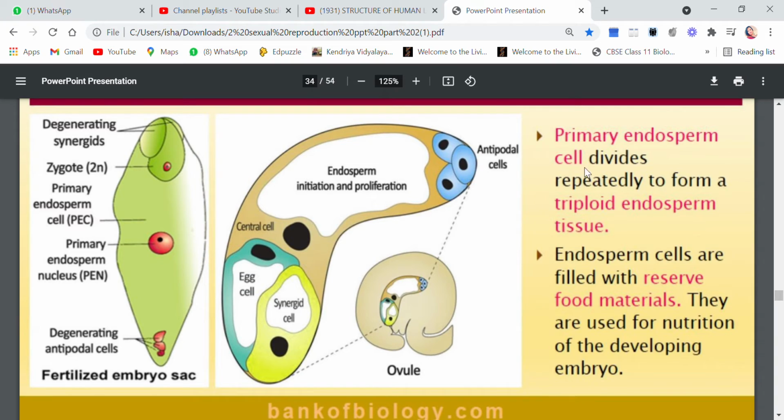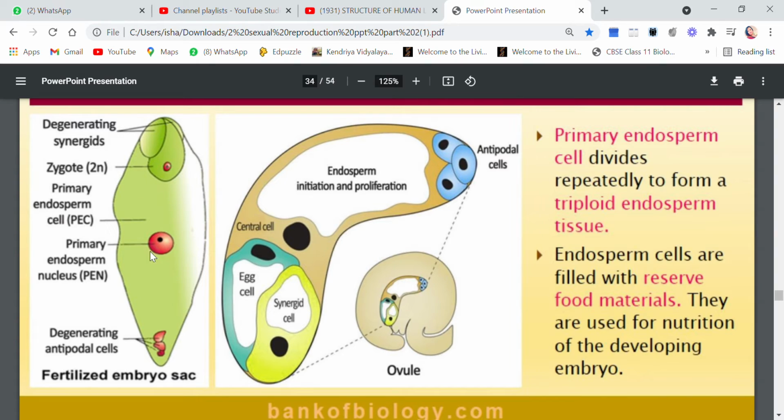Here the primary endosperm cell, this PEC, divides repeatedly to form a triploid endosperm tissue. Now, why is it triploid? Because it contains three nuclei. Two polar nuclei were already present, and one male nucleus also came, and triple fusion occurred.